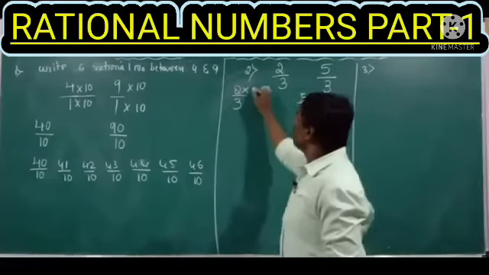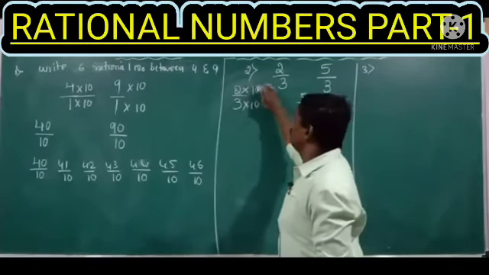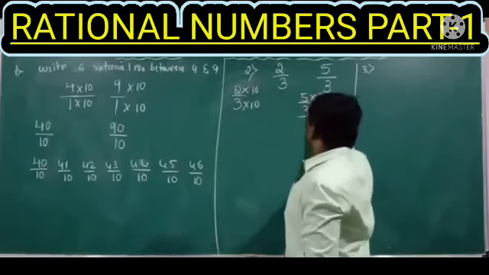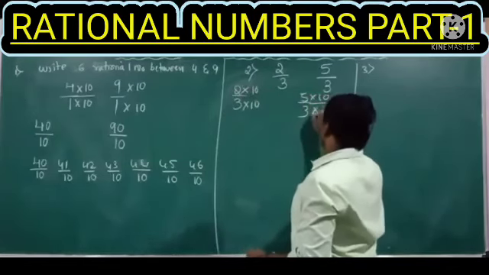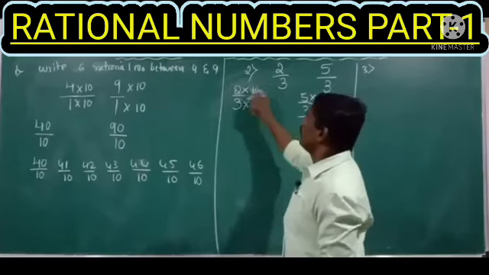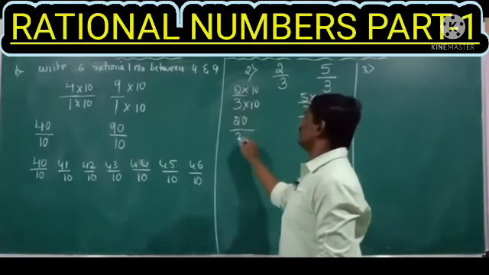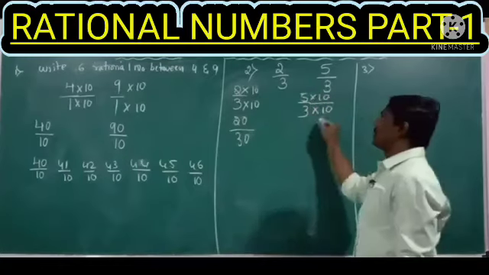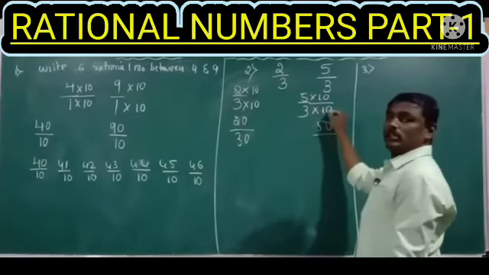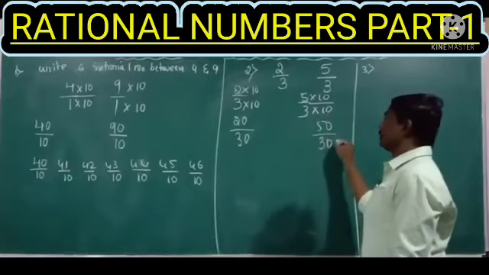Now I am multiplying 10 for these two fractions, for both numerator and denominator. Now 10 2s are 20, 10 3s are 30, 10 5s are 50, 10 3s are 30.